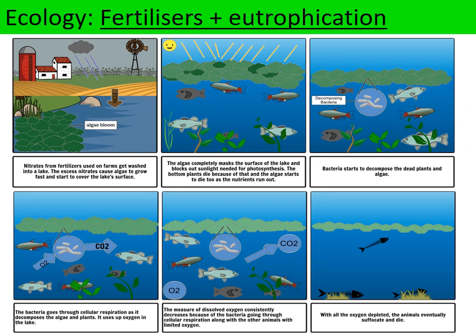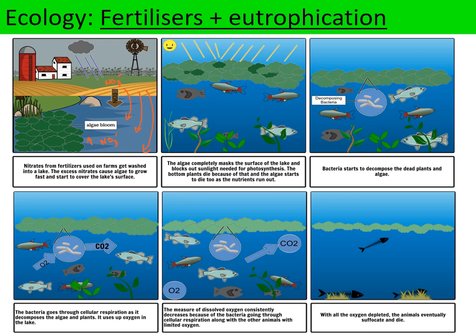So we can start to talk about the process of eutrophication. Farmers do use fertilizers with lots of nitrates in them. If there's heavy rainfall, sometimes these nitrates that are dissolved in the soil water can leach into surrounding waterways like lakes and ponds. The nitrate concentration in these waterways then increases.